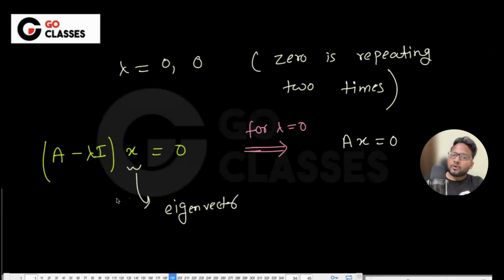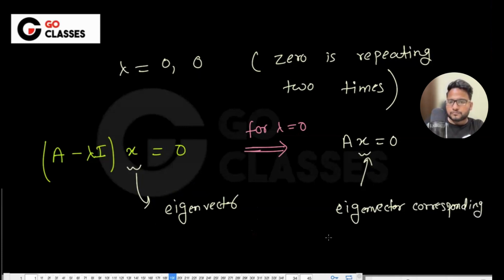So basically it was the eigenvector here, but now you can also say it is an eigenvector. This is an eigenvector corresponding to lambda equal to 0, that I completely agree. But if those linearly independent eigenvectors are, let's suppose, 2, can you tell me about the nullity?